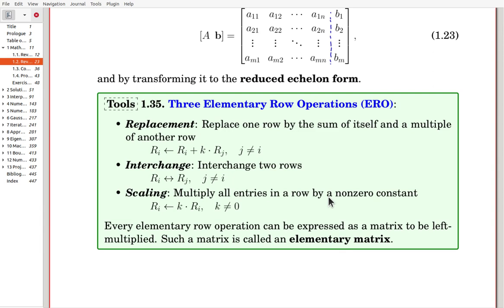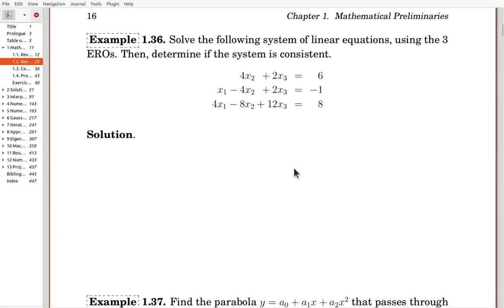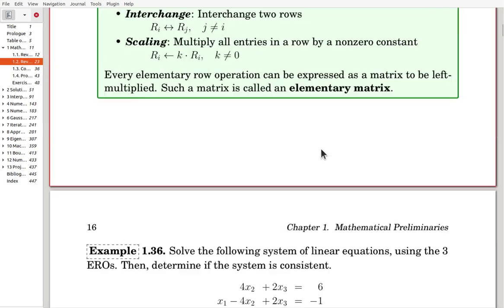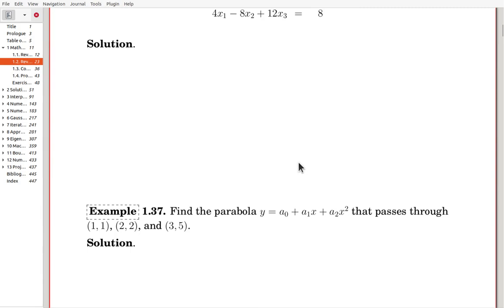In most linear algebra classes, these 3 operations would be used from the beginning to the end. Now this system can be written in matrix vector form, and the augmented matrix can be made, and here we apply elementary row operations to solve the system.